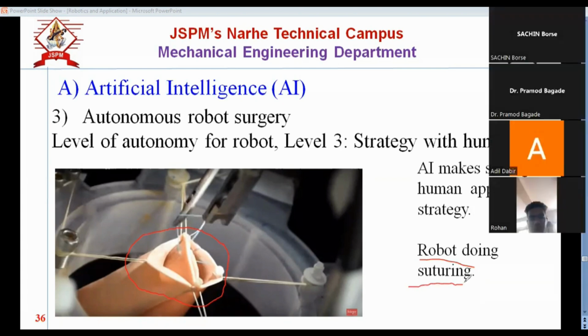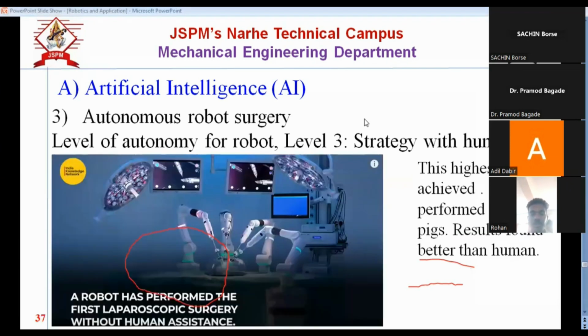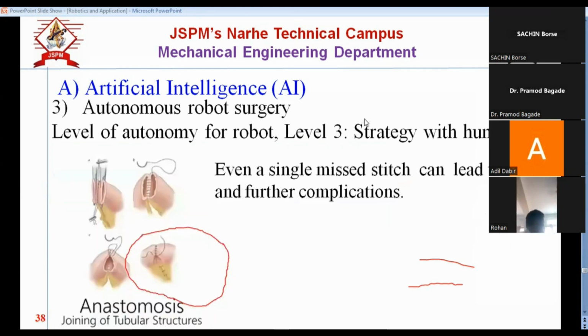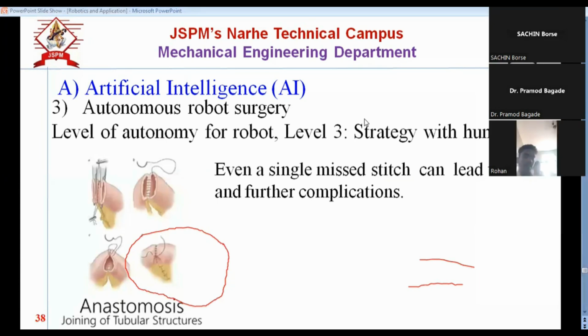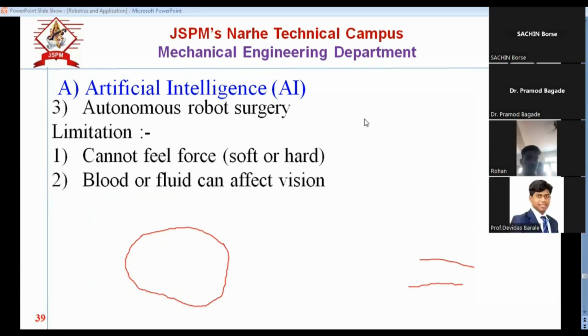If any stitch is skipped, what happens? The food passage gets leaked, and it can create further complications for healing the patient. So this level we have achieved. We have performed autonomous surgery on pigs, and it was quite successful. This is the level of autonomy we achieved. Maybe in future full autonomy can be given.